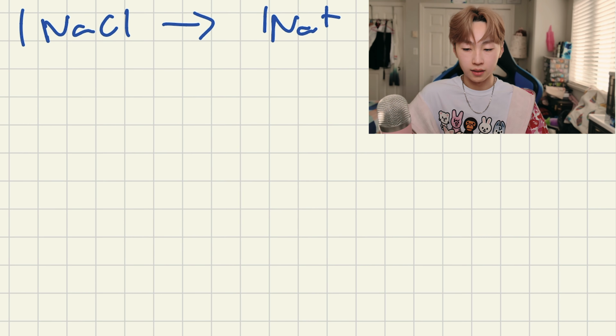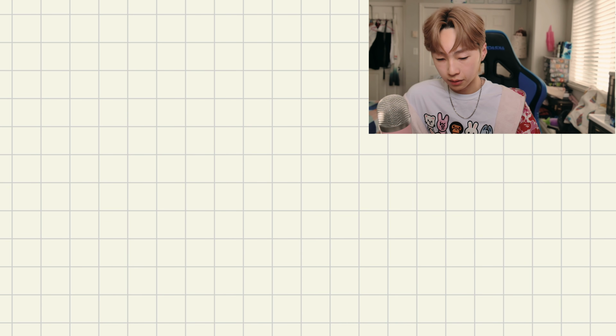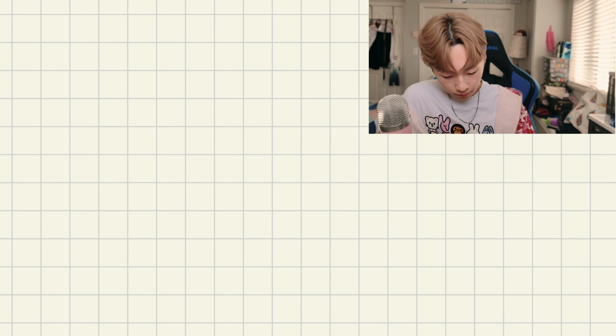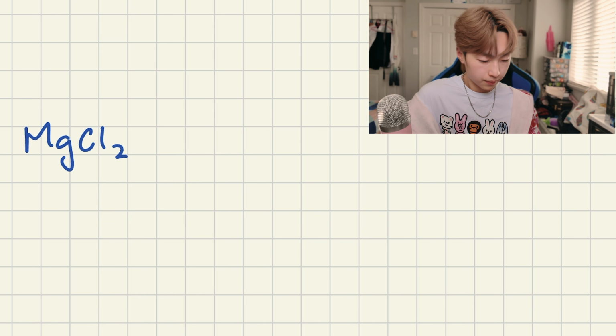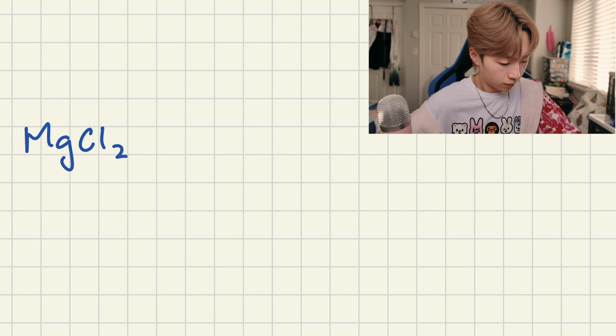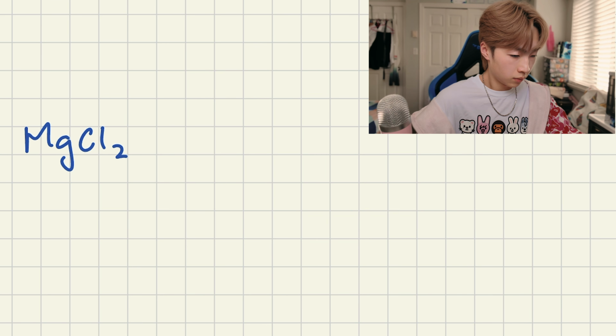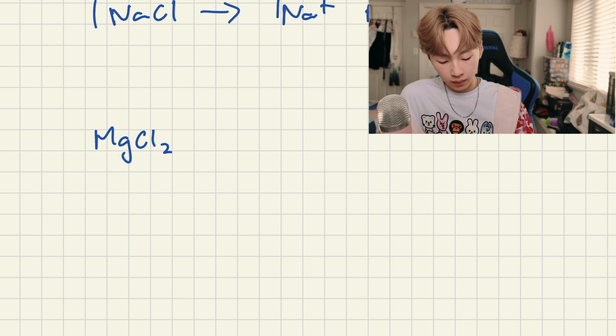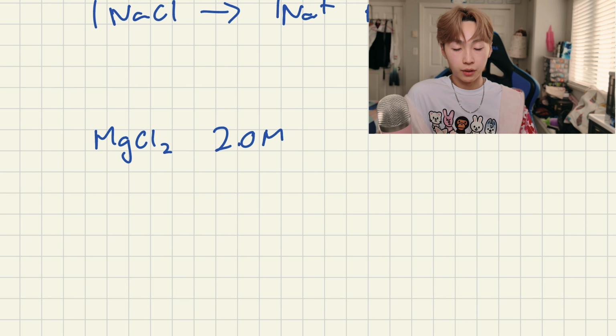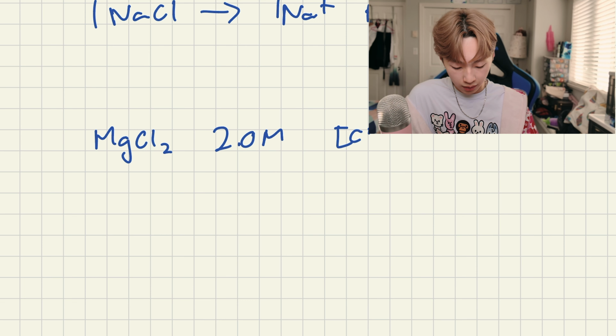But if we had a different ratio, for example, MgCl2, and it's 2.0 molar, and we want to find the concentration of Cl minus.